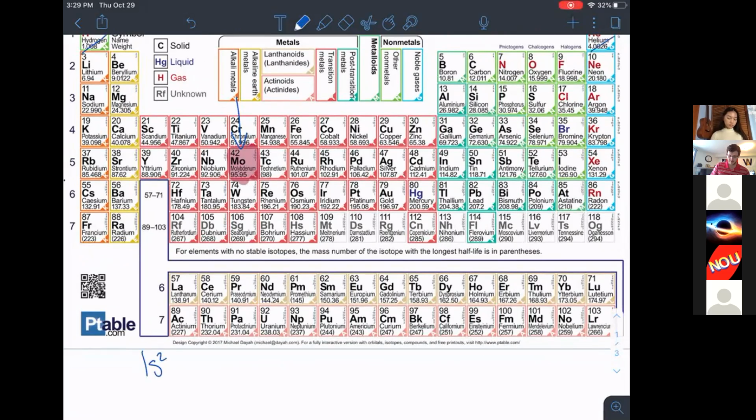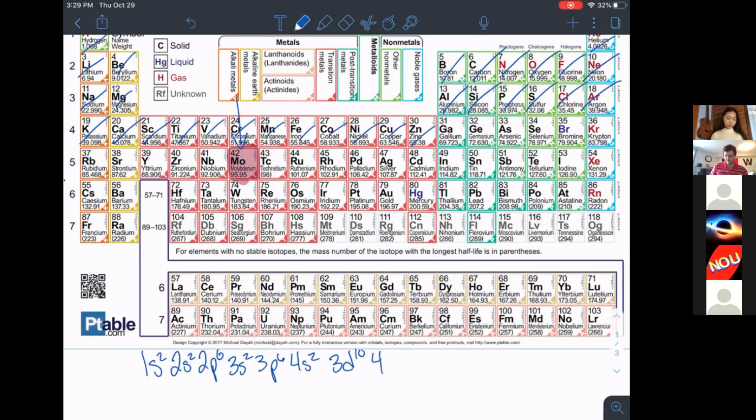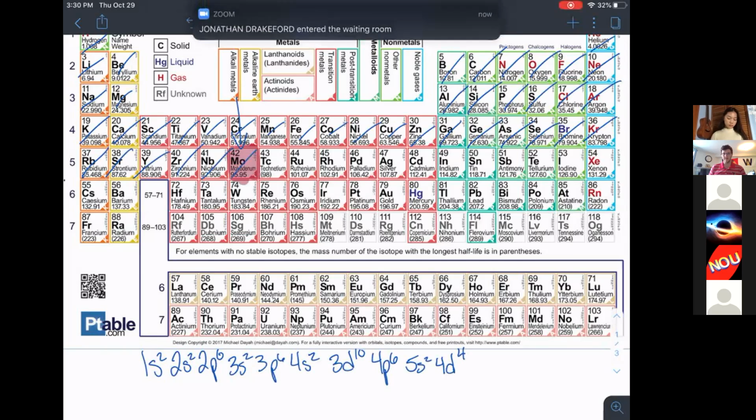As we cross those out, 2s2, cross those out, 2p6, we cross those out, 3s2, we cross those out, 3p6, we're going to cross these out, 4s2, cross those out, 3d10, cross these out, 4p6, we're crossing these out. 5s2, we cross these out, and then 4d4 would be to here. Is everybody okay with that so far?